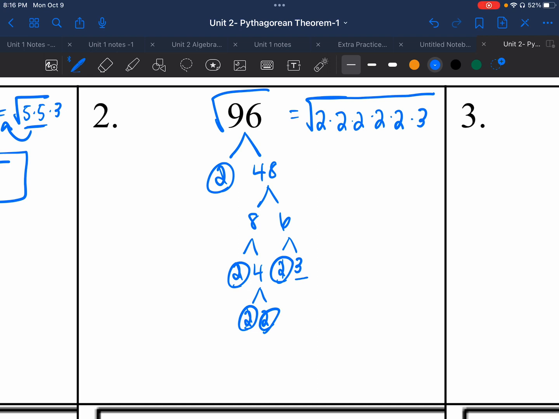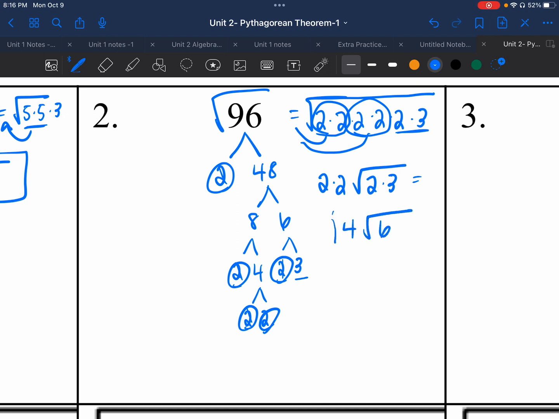So we'll circle two that are the same, that'll pull one out, two that are the same, that'll pull one out, and then I'll be left with these two under. So I will have 2 times 2 times the square root of 2 times 3. We can simplify that to be 4 times the square root of 6. Box it and walk away.